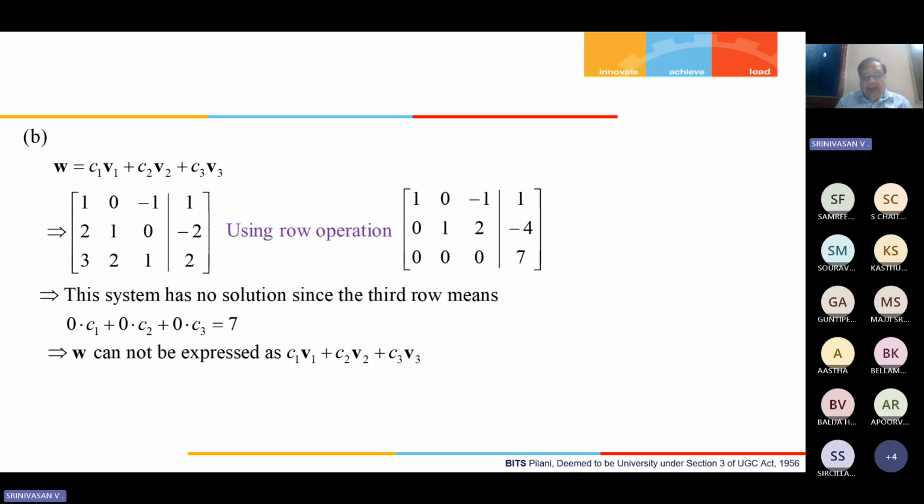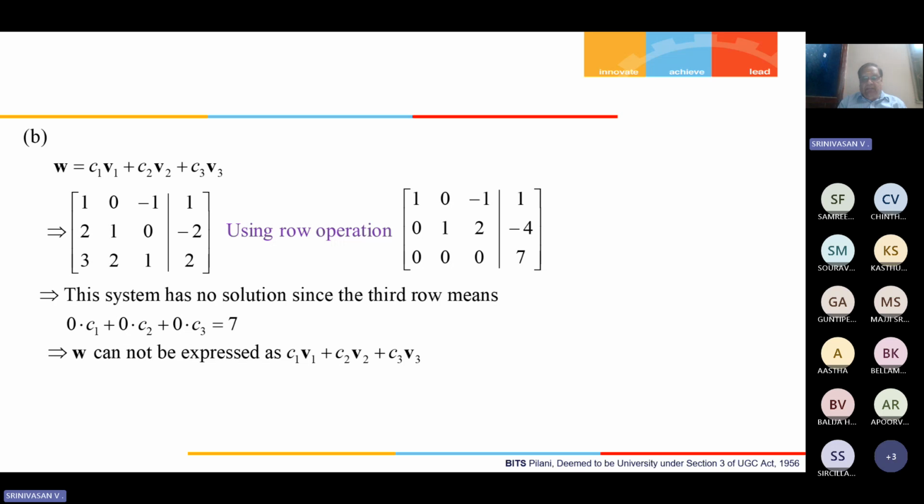So your latest R3 will be R3 minus 2 into R2. Here you had 2.